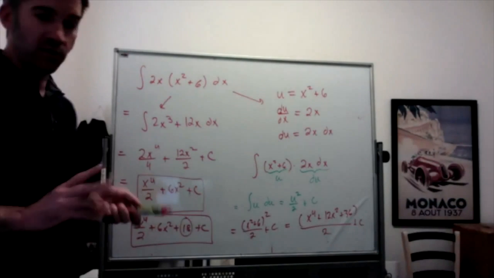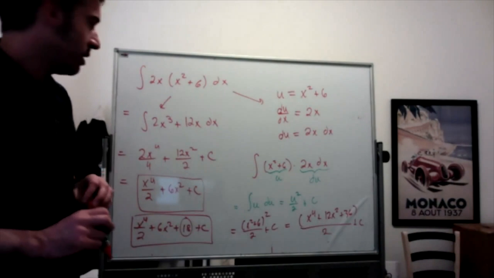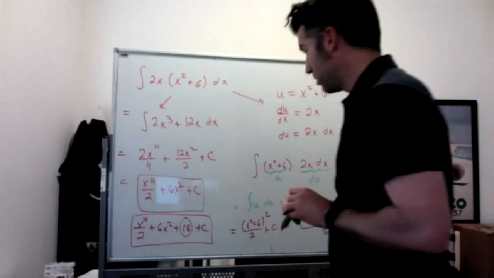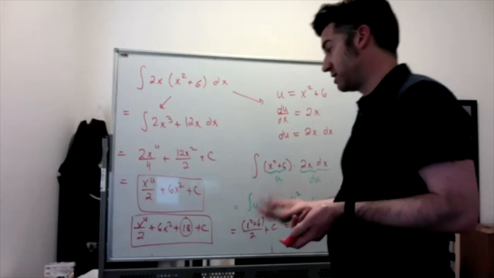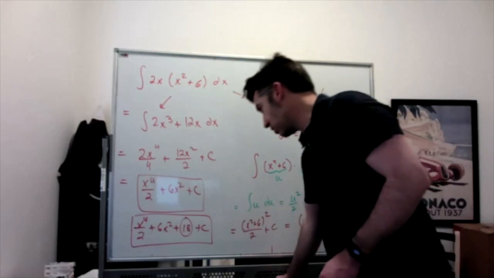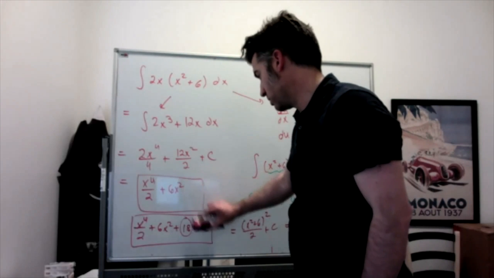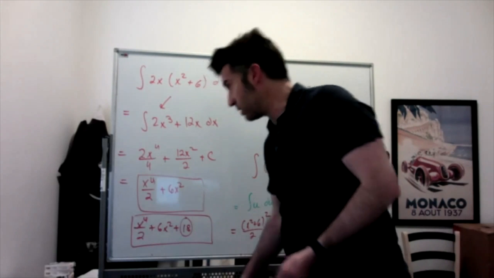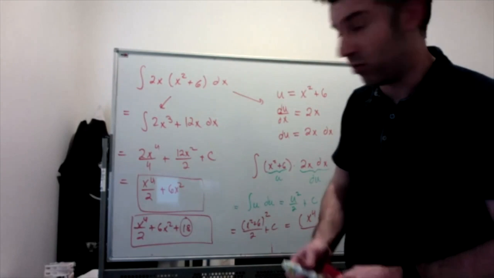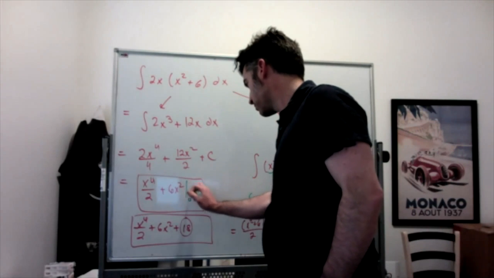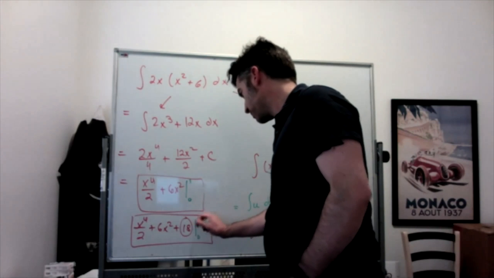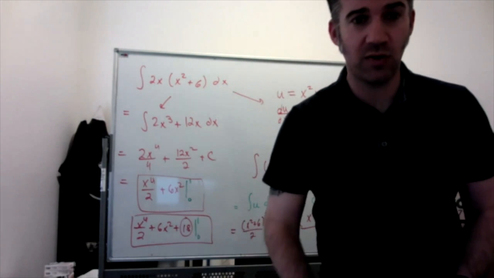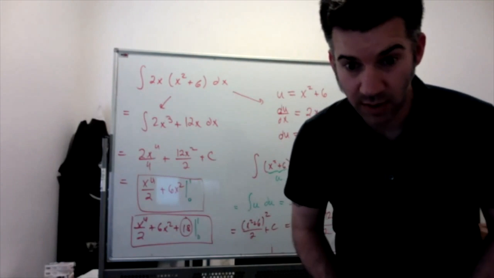So let's pretend the integral was definite for a second. And if we do it either way, let's see what happens. First of all, when it's definite, you don't write the plus c. And let's pretend we're evaluating, let's just say, from 0 to 1. So the short answer is yes, it's going to be exactly the same.